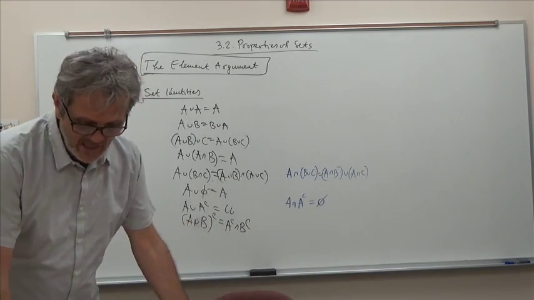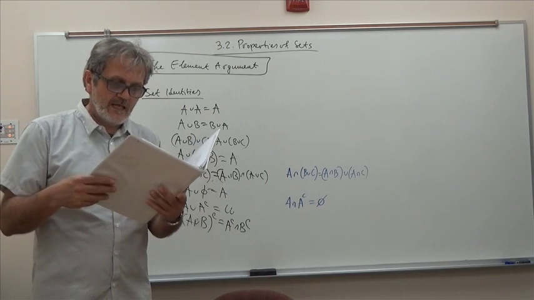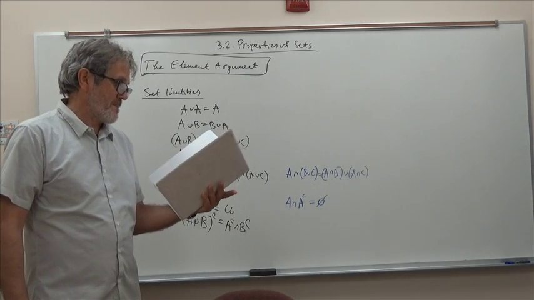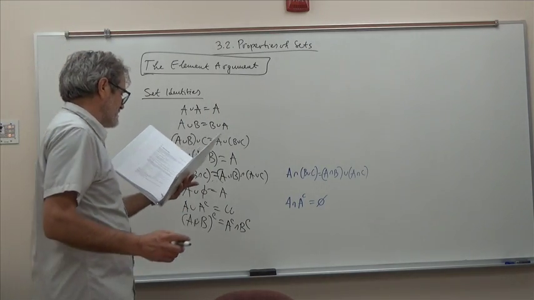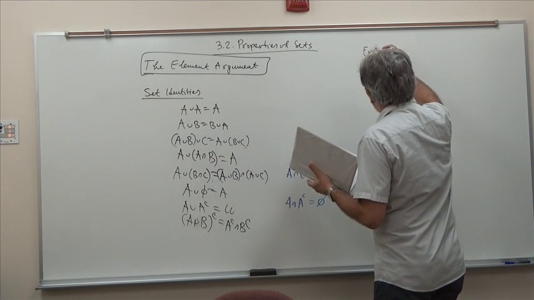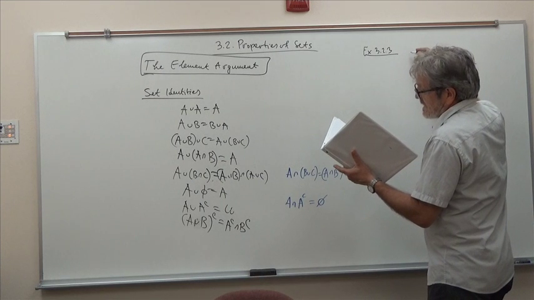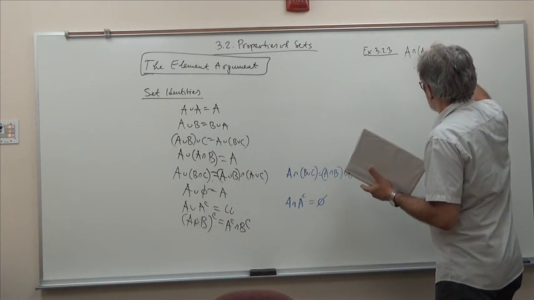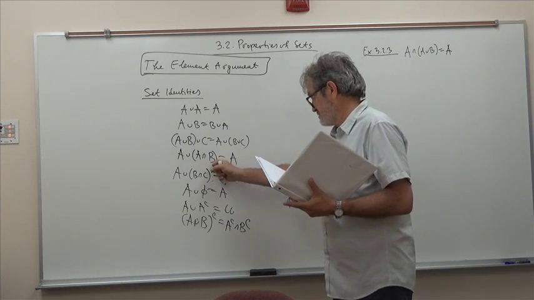All right. Now let me show you how to prove this. I better do 3-2-3 first, different than in my notes. So 3-2-3 example. It says, prove the set equality A intersection A union B equals A. It's actually this one.